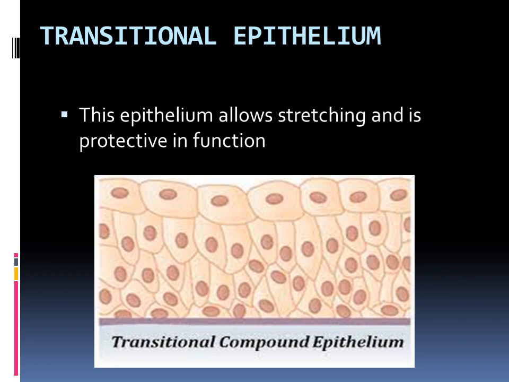But it does not actually transform. It only looks like a simple layer of cells when it is stretching. That's why the name transitional is used. This is a figure of this transitional compound epithelium. It is stretchable.